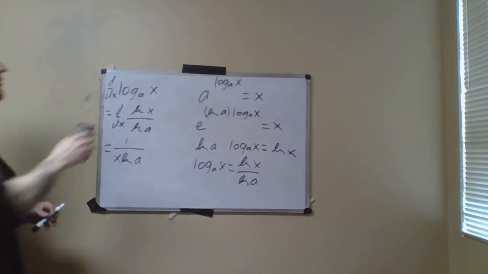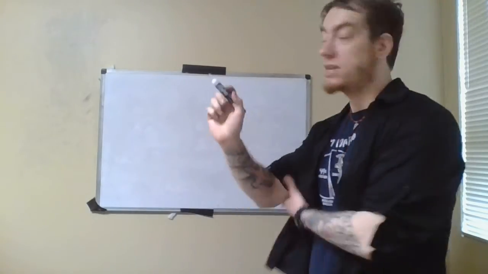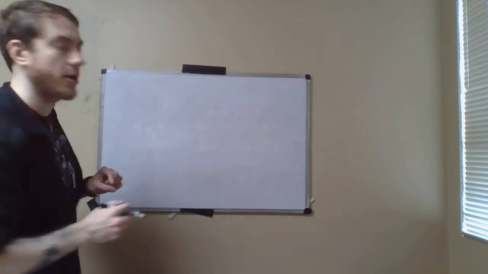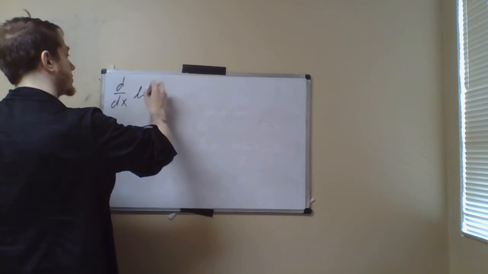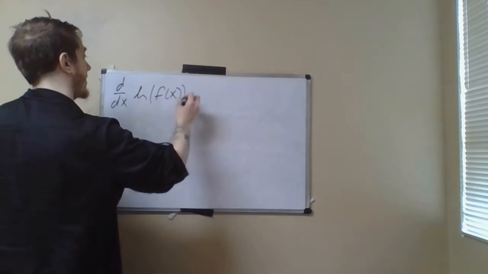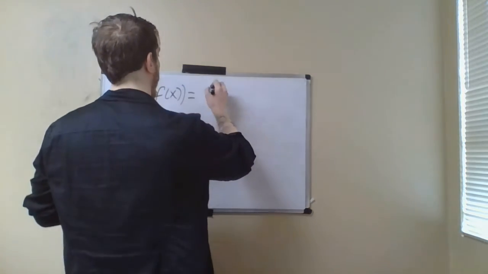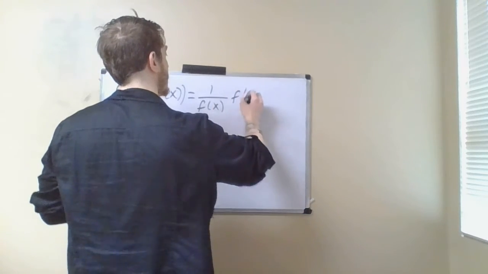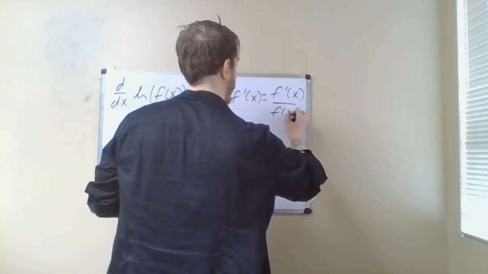So there we go. Now, of course, we can use this with any other rule that we have. So for instance, one of the nice things we can do is work out the following really cool formula. If I need to use the chain rule on a logarithm, so let's say that I have the log of f of x, this is going to be 1 over f of x times f prime of x, which is actually just f prime over f.